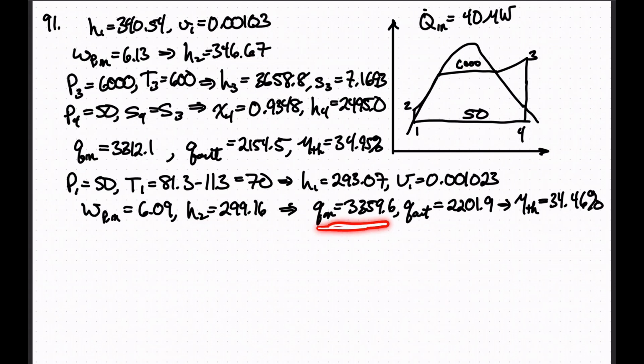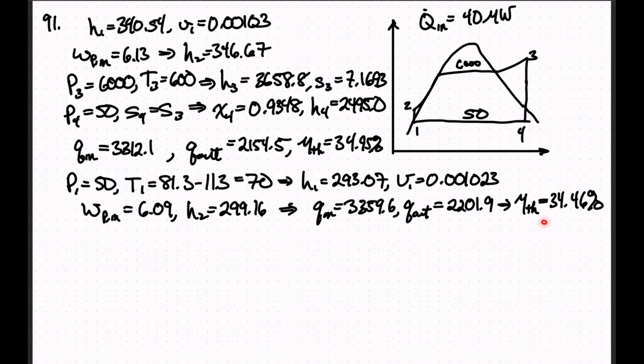And so we have the rate of heat transfer in. The specific heat transfer in is a little bit higher, because H2 went down, so we have H3 minus H2, and this is higher than it was before. This is also higher than it was before, because H1 is now down.